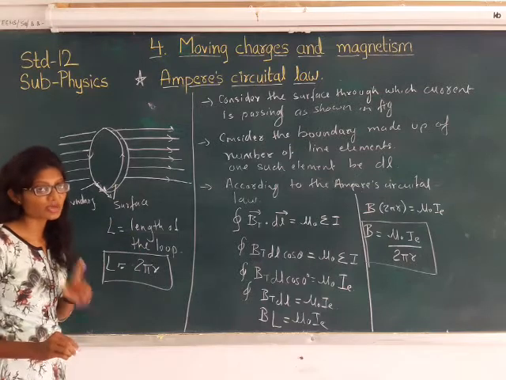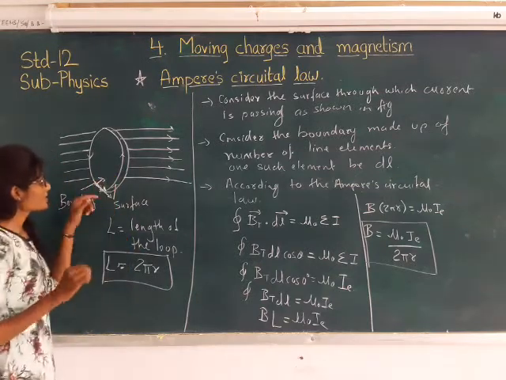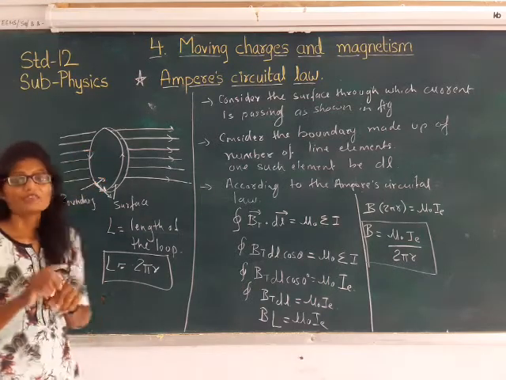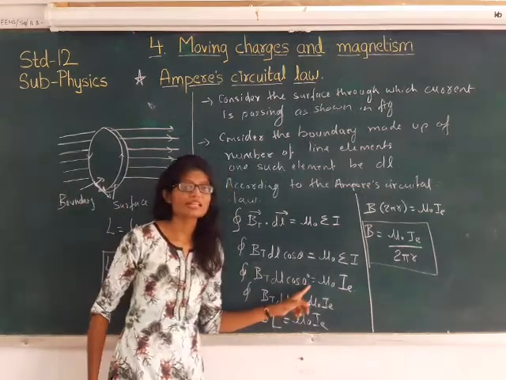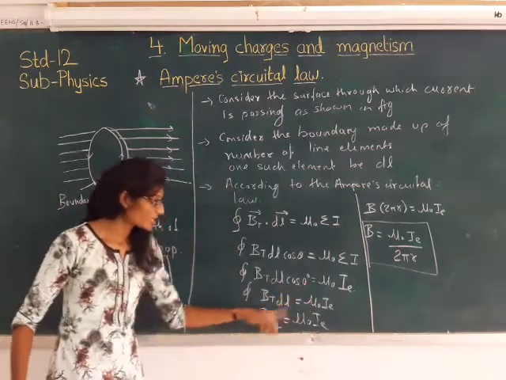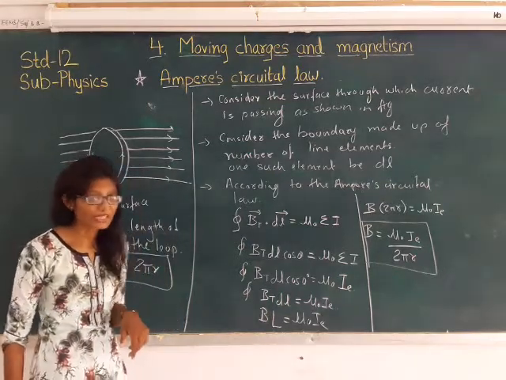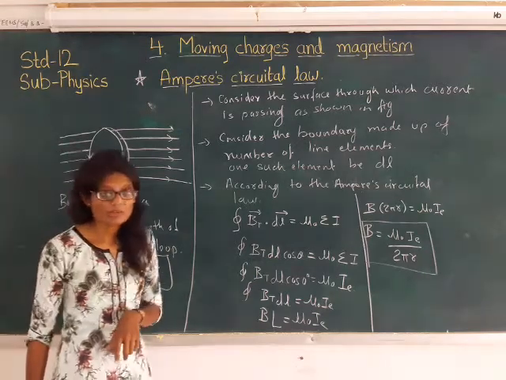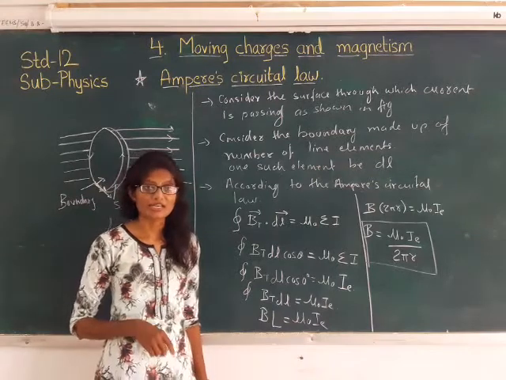But if we take the normal component of the magnetic field, that is the line element, and the magnetic field component will make a 90 degree angle, and cos 90 degree will be 0. So here the whole value will be 0. We are not going to get the value of the magnetic field in that case. So instead of taking the normal component, we are going to consider the tangential component of the magnetic field.